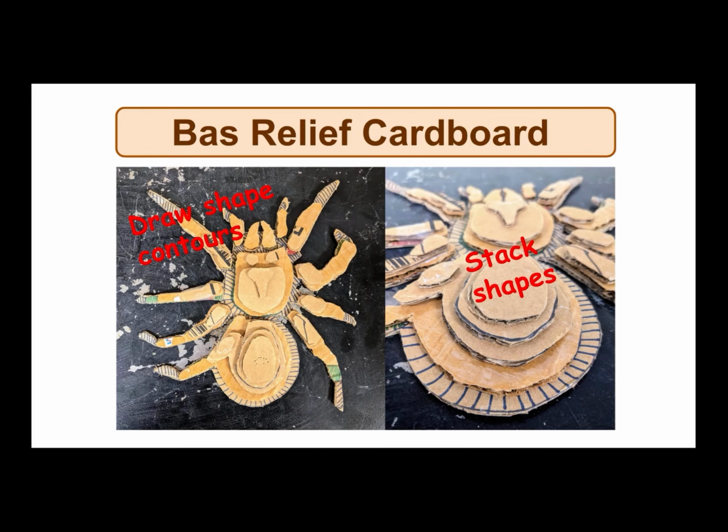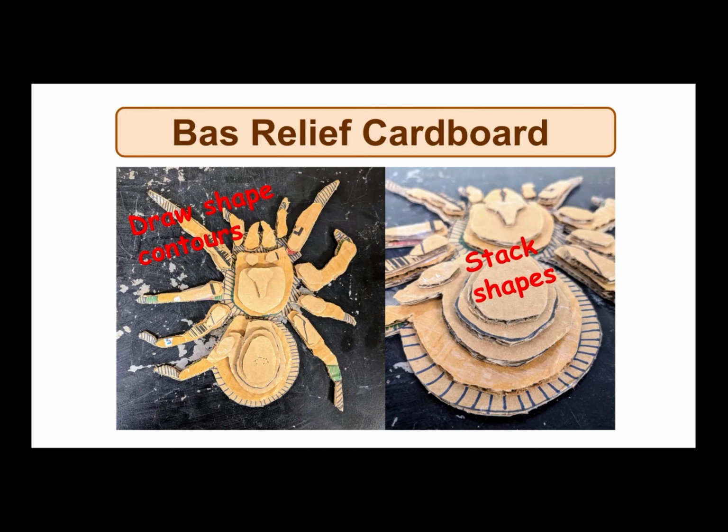So each shape is a contour, and you start with the biggest one on the bottom, and as each part of that has more volume, you'll stack those shapes. So you'll want to design how high that cardboard is. So you might need to show the top view and a side view. You can see that this spider is 5 cardboard layers high, and different shapes in different spots.